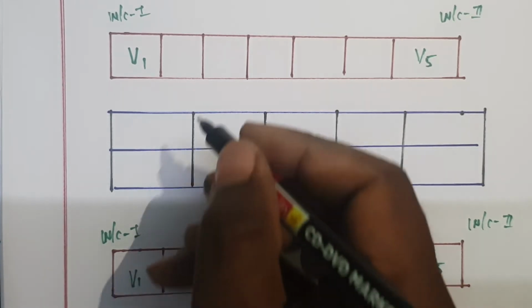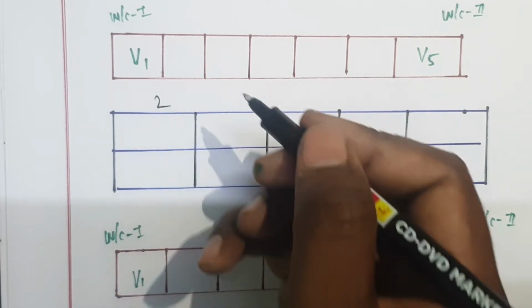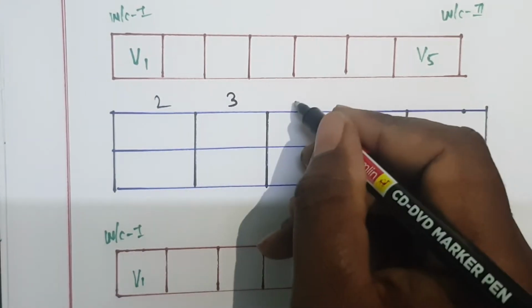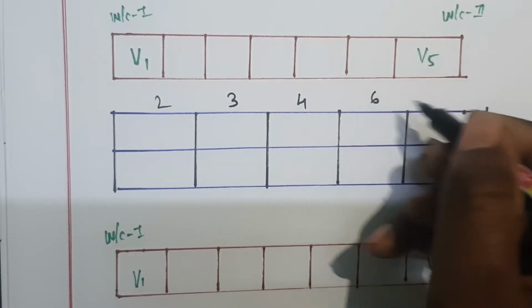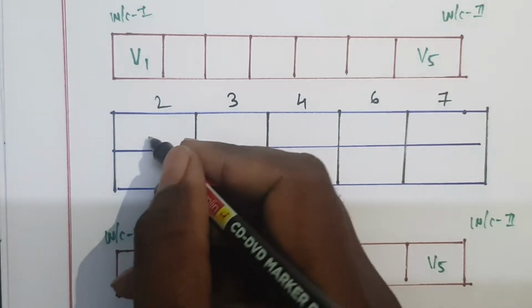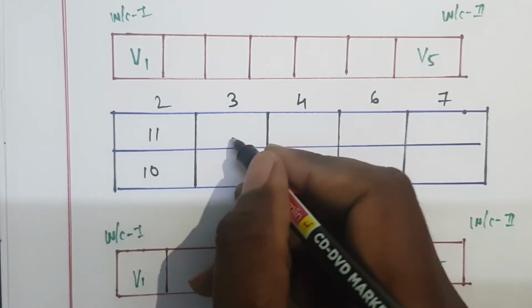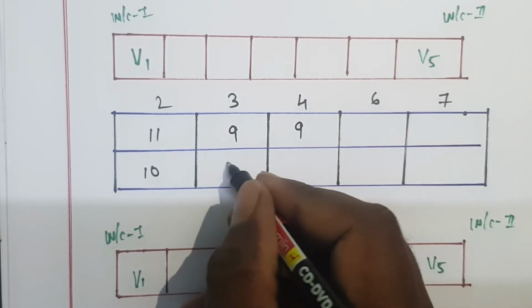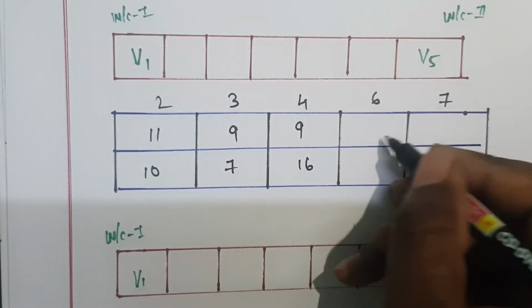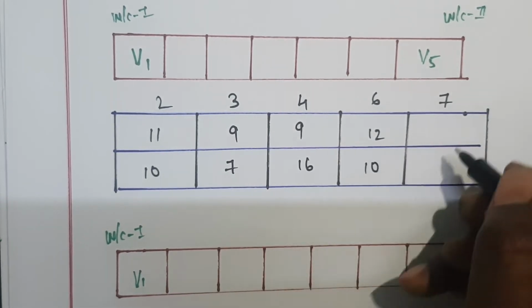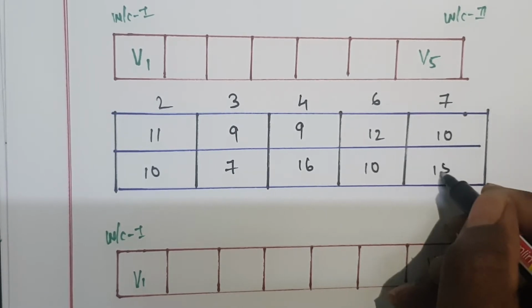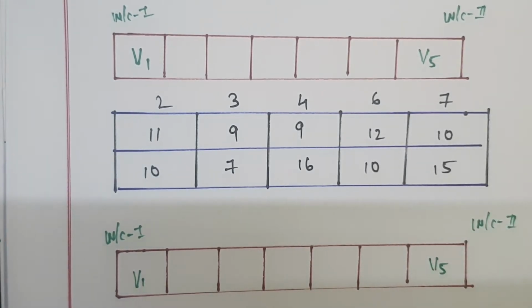Remaining values: 2, 3, 4, 6 and 7. So, 11, 10, 9, 9, 7, 16, 12, 10, 10 and 15. Like this I got. Okay na?